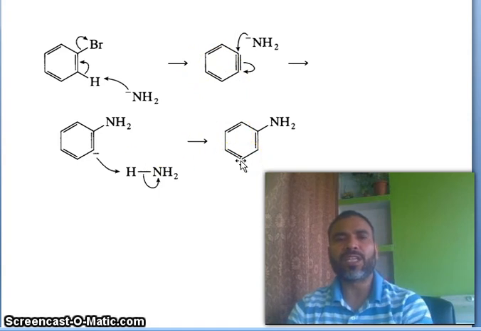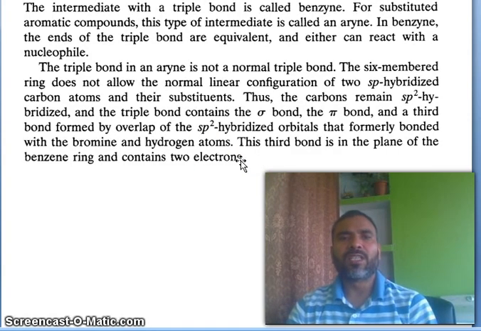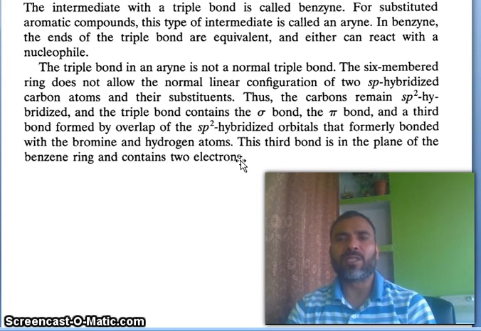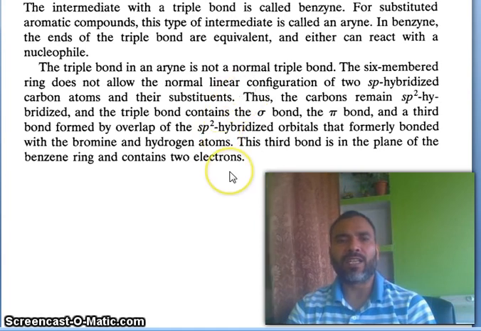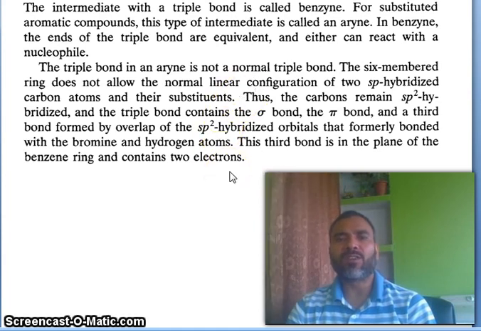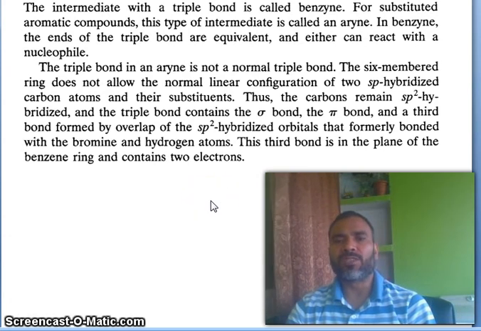So elimination addition reaction. The intermediate with a triple bond is called benzyne. For a substituted aromatic compound, this type of intermediate is called an arine. In benzyne, the ends of the triple bond are equivalent and either can react with a nucleophile. The triple bond in an arine is not a normal triple bond. The 6-membered ring does not allow the normal linear configuration of the two sp hybridized carbon atoms and their substituents.